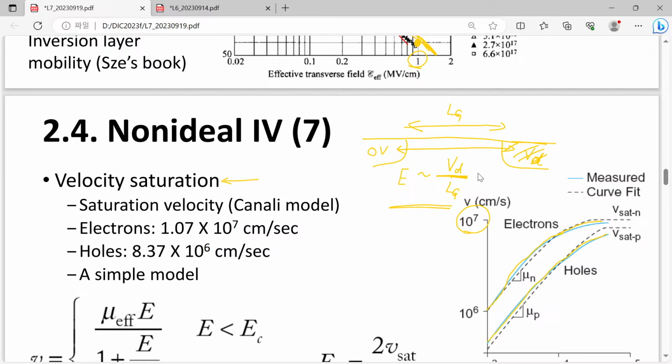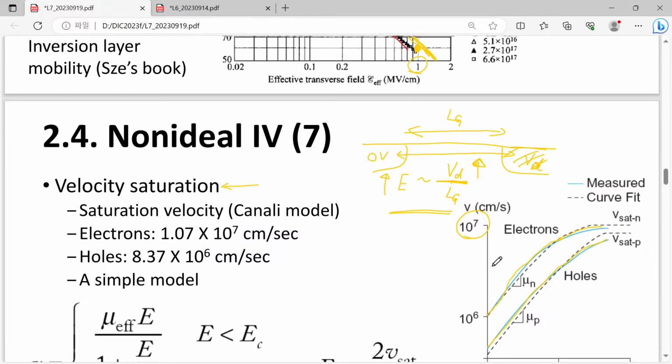If you increase your drain voltage higher and higher, then your electric field will increase.